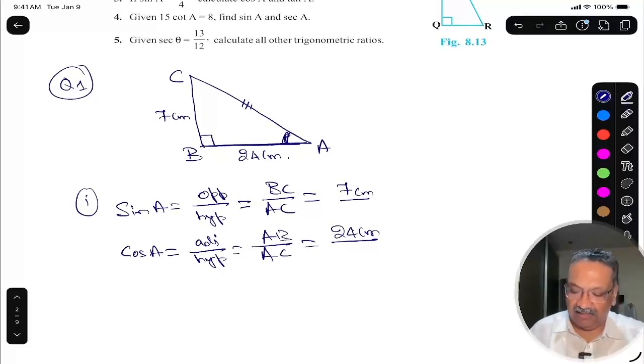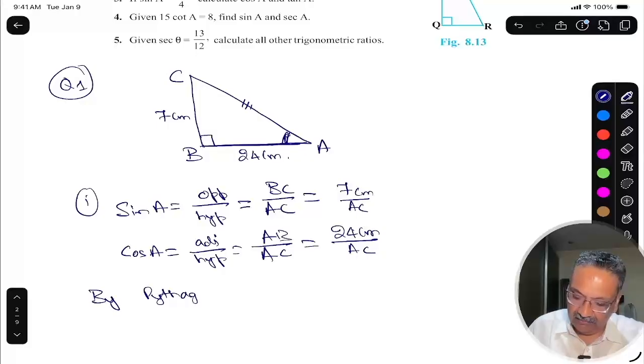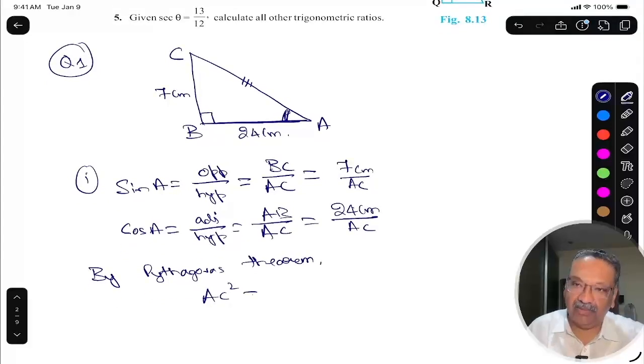It is a right angled triangle. So we know that by Pythagoras theorem we have AC square on the hypotenuse is equal to sum of squares of other two sides.